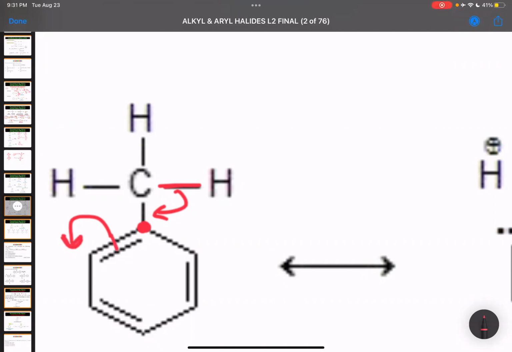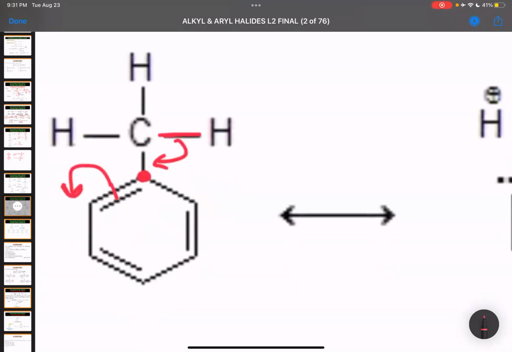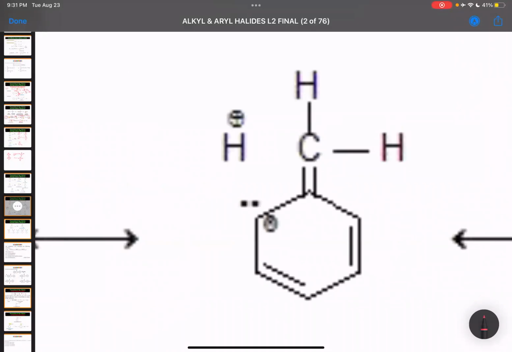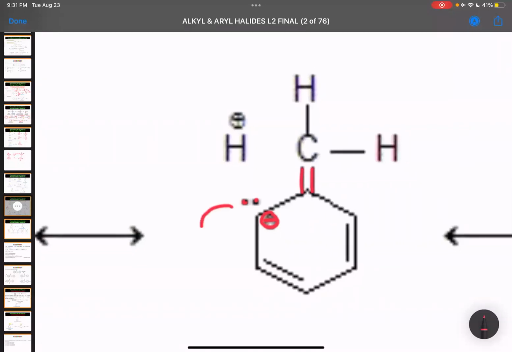These pi electrons were set aside on the ortho position in order to make space. Look here, this is the minus, these were the pi electrons, and now this is formed. This minus can move further into the ring, because there is a pi bond on the next atom, so this minus can move and form a pi bond. But this carbon is making 4 bonds.